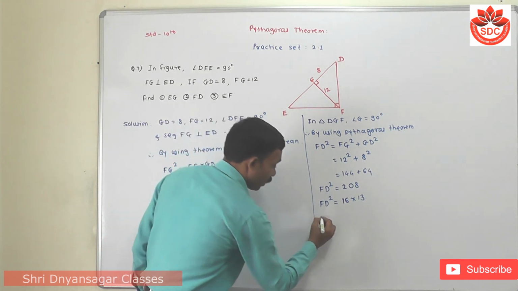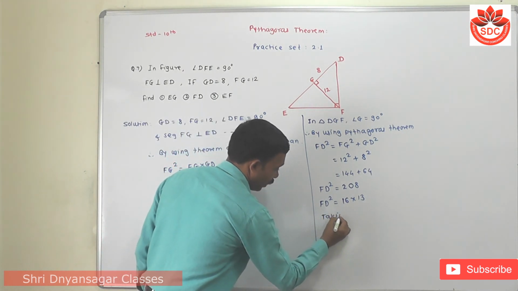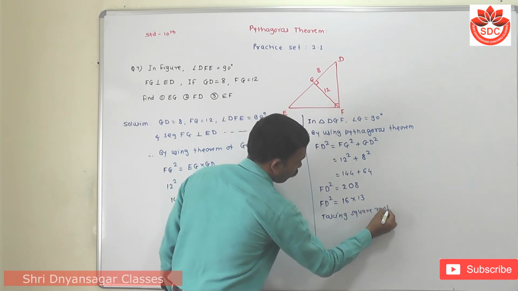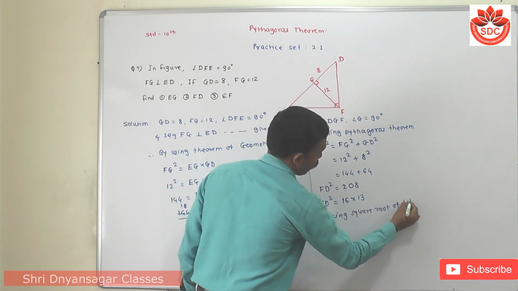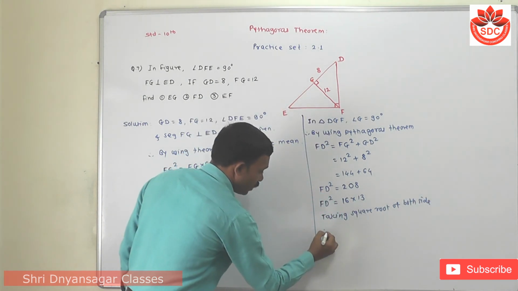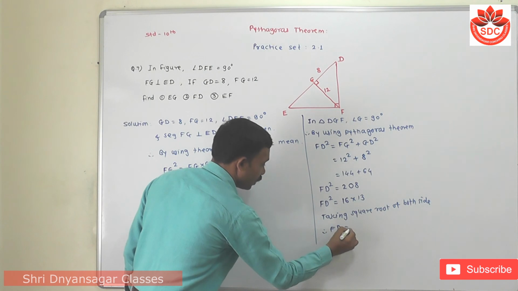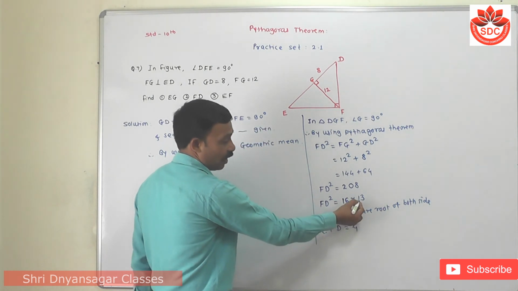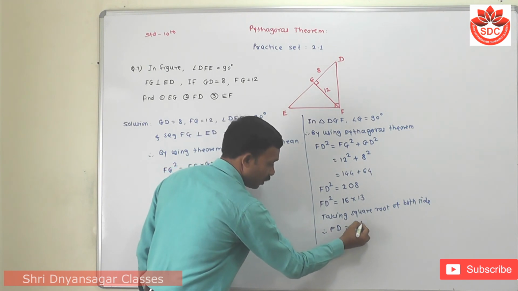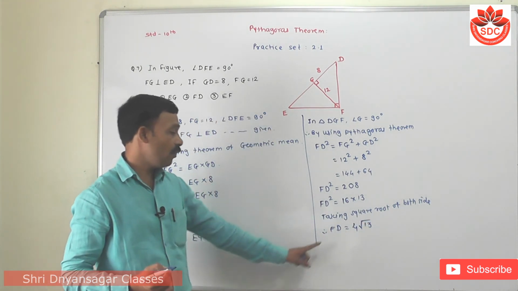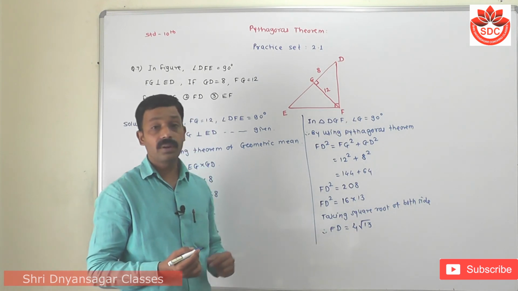Taking square root of both sides, the square root of 16 is 4. We cannot find the square root of 13, so we keep the root sign. The value of FD is 4 root 13.